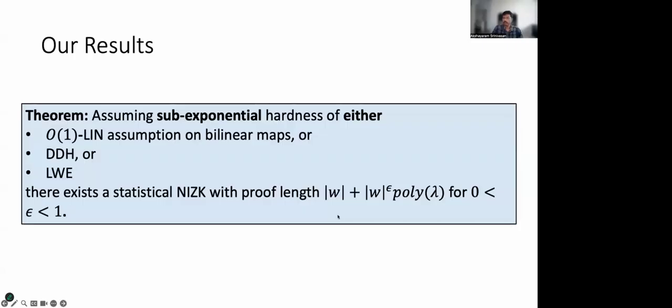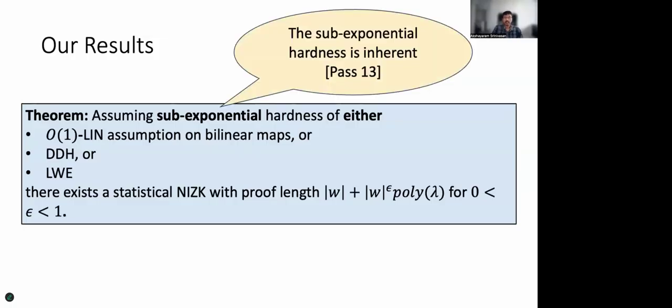And this proof length has rate 1 because the ratio between the size of the witness to the size of the proof approaches 1 in the asymptotic sense. In fact, the sub-exponential hardness assumption in our theorem is inherent due to a work of Pass from 2013 concerning statistical non-interactive zero knowledge proofs.